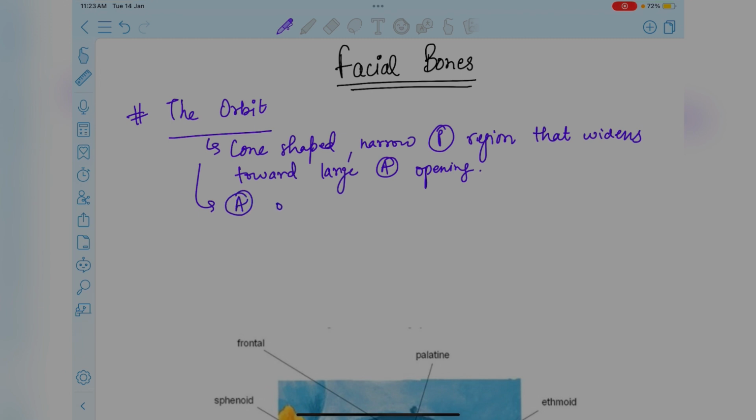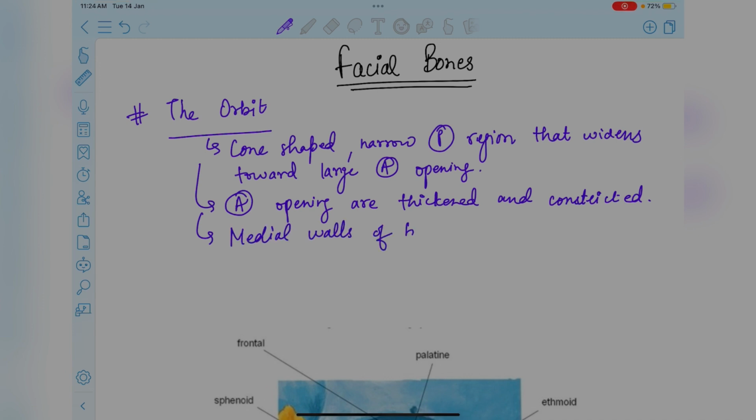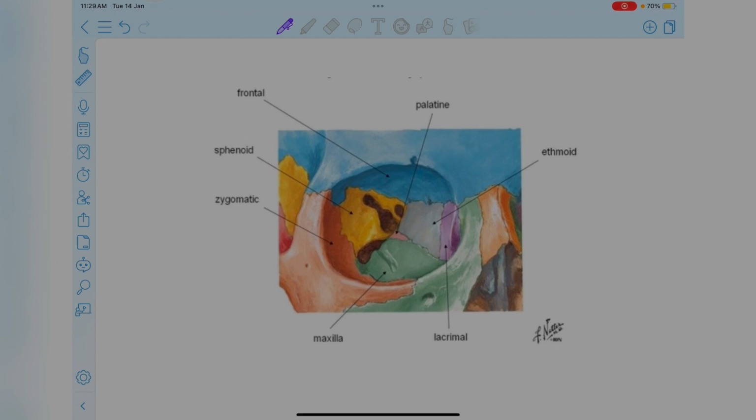And its anterior opening is thickened and constricted also. And the medial walls of both orbits are parallel to each other. Now we'll look at the borders of the orbit.